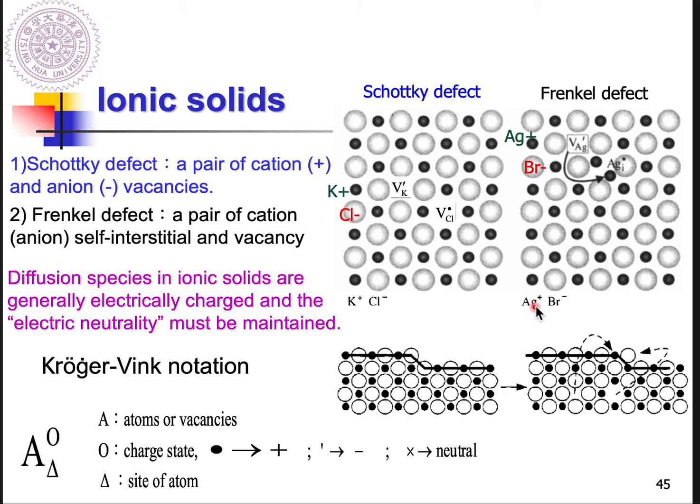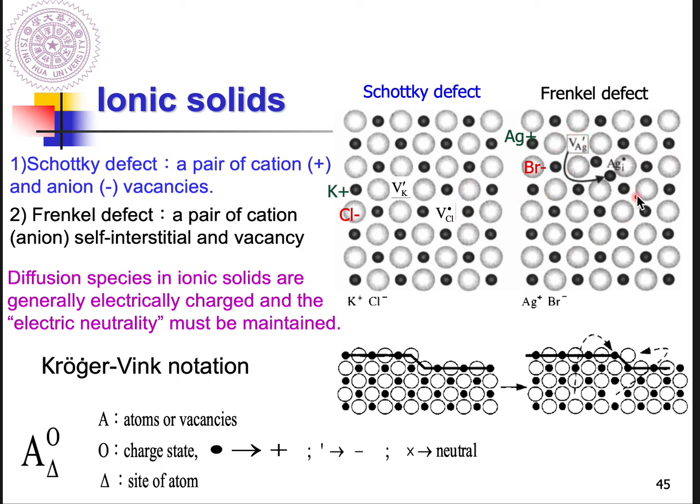Take silver bromide as an example. You can observe the silver atom was here, right? And it is removed or jumps to another interstitial site, serving as a self-interstitial defect, and leaves a vacancy here. This pair of cation interstitial and vacancy we call a Frenkel defect.